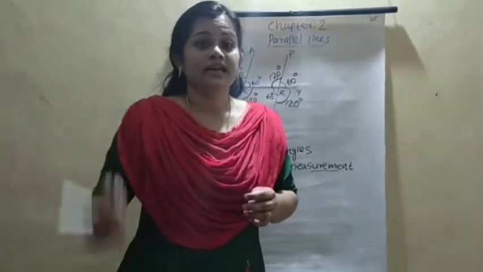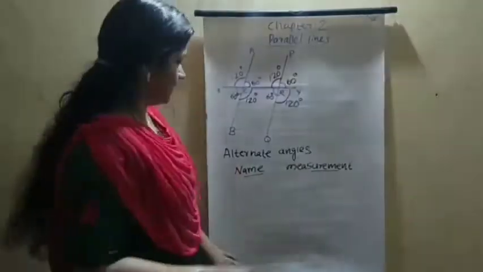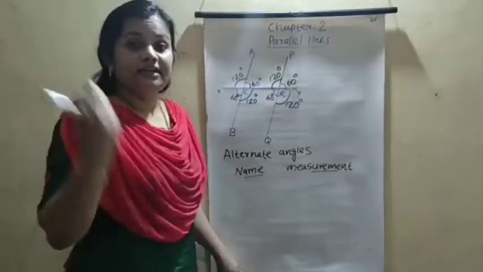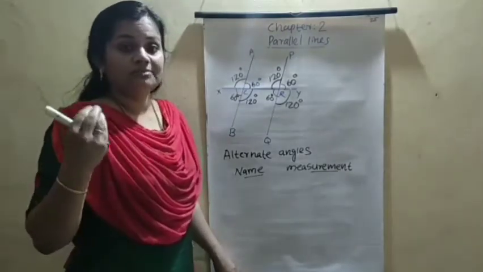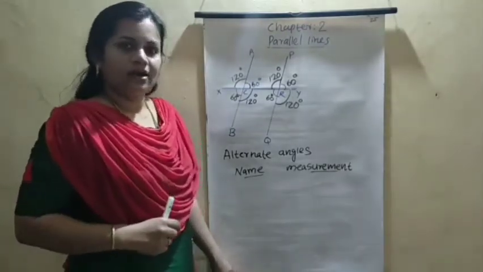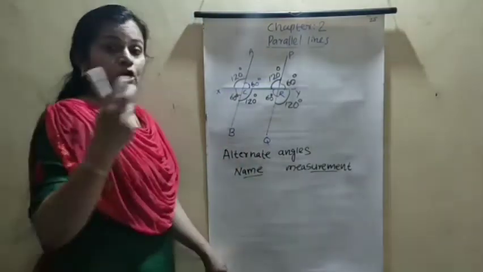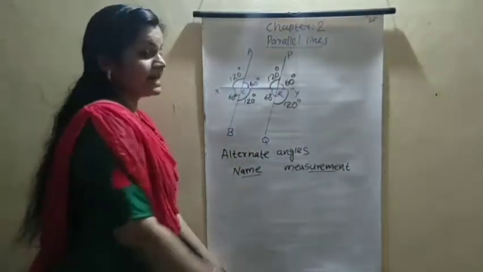Now we are writing the alternate angles, using the same figure. We already studied that corresponding angles make the same position and alternate angles make a reverse position. Then how do we write the alternate angle names and measurements? We already found the measurements of all angles, so you just write the names.